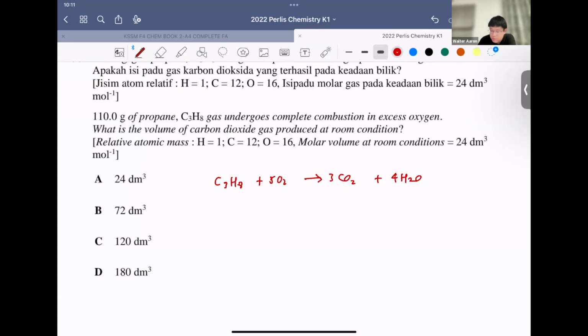So for every 1 mole of propane, you will get 3 moles of carbon dioxide gas. So the first thing to do is to calculate the number of moles of propane.